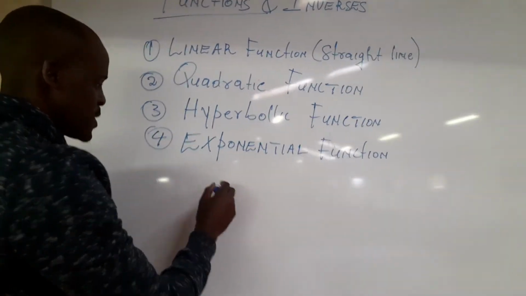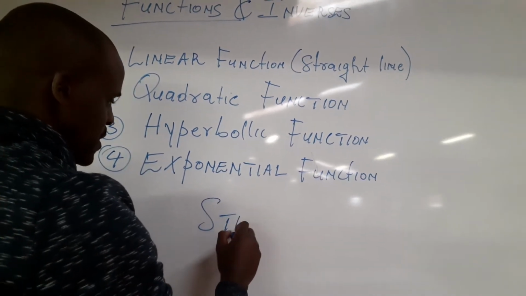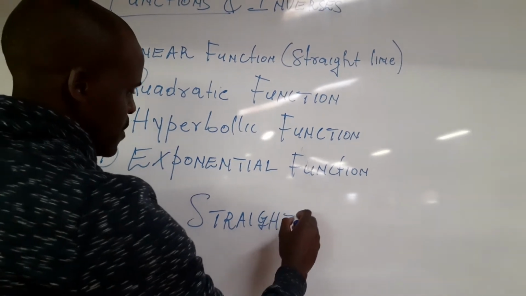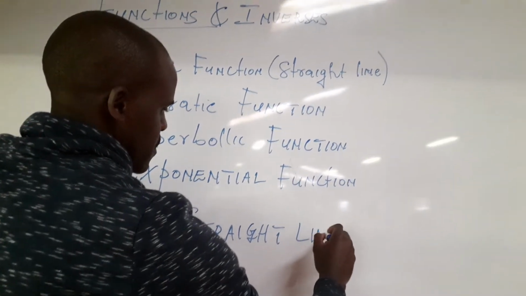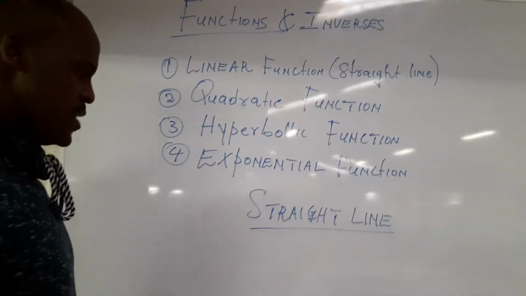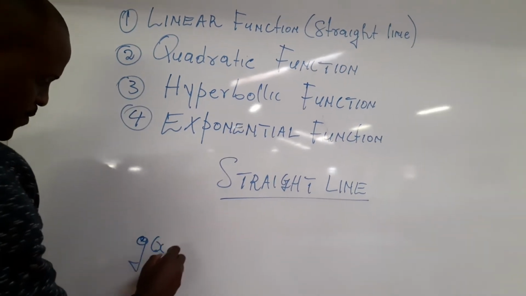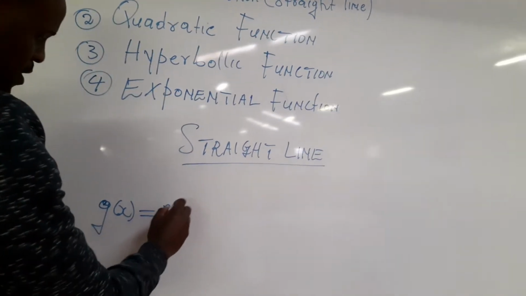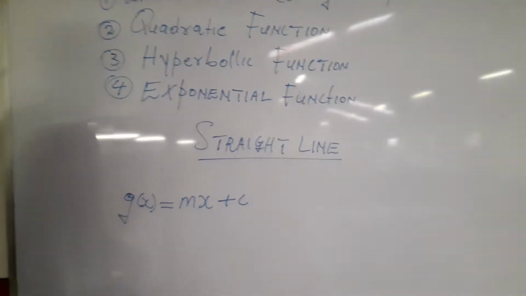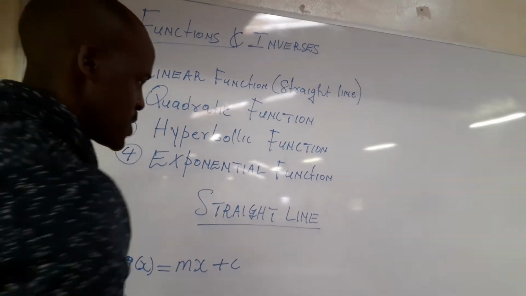For now, let's look at what we call a linear function, which is a straight line. A straight line is given by g(x) equals mx plus c. A straight line is formed by 2 points.